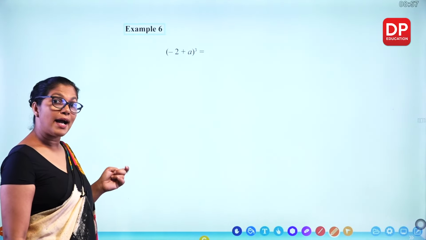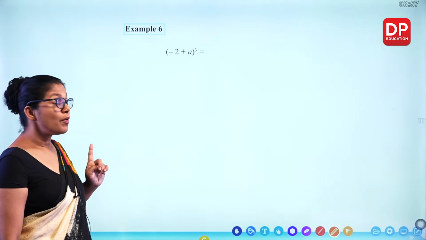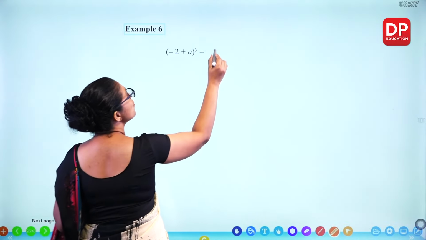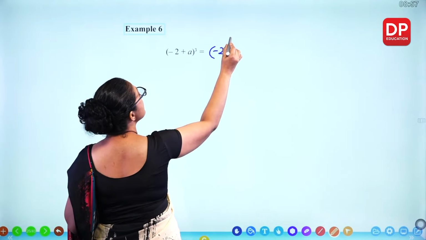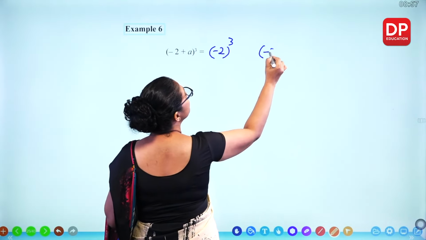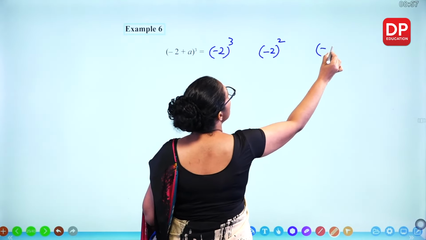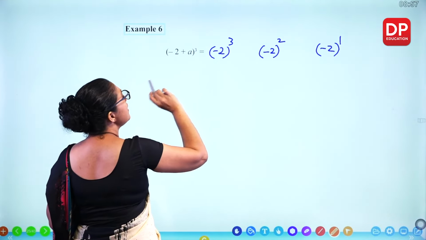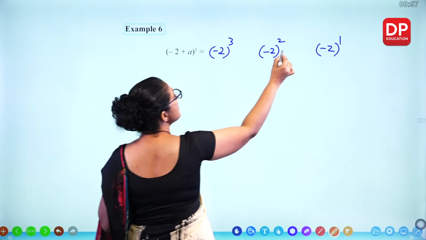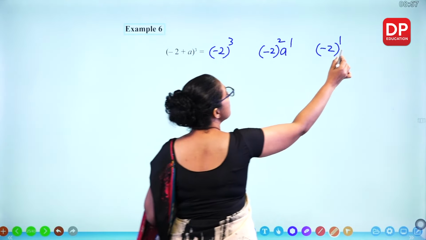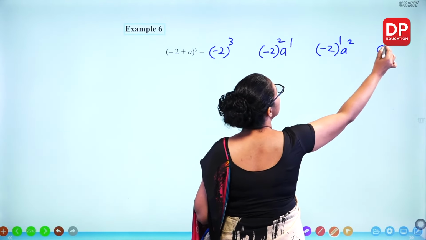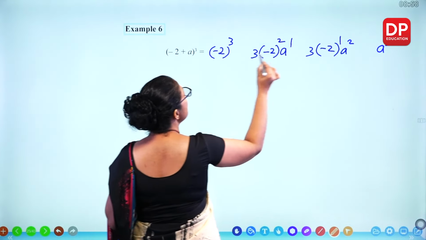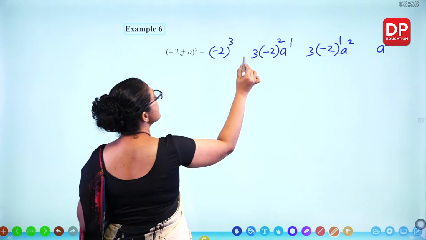Now look at example number 6. Now there's a minus in front, so make sure that you put brackets. So what's the first term? Minus 2. So minus 2 starting with power 3, power 2, power 1. This one a, starting with here power 1, power 2 and power 3. Then what's the next step? You put 3 here, 3 here, and this is plus.